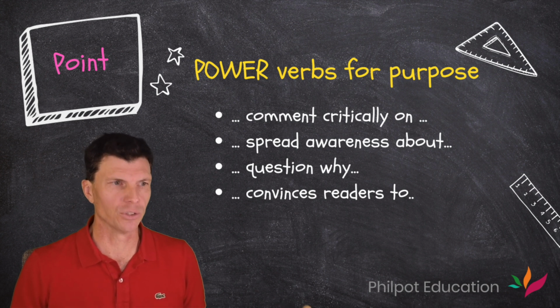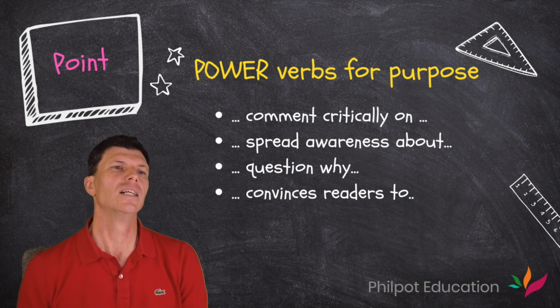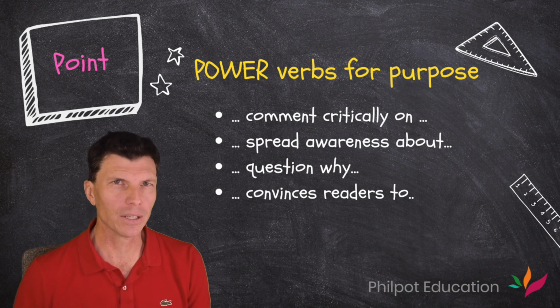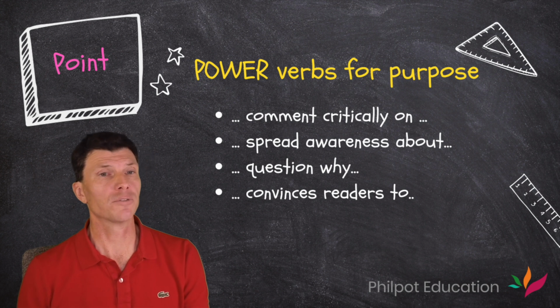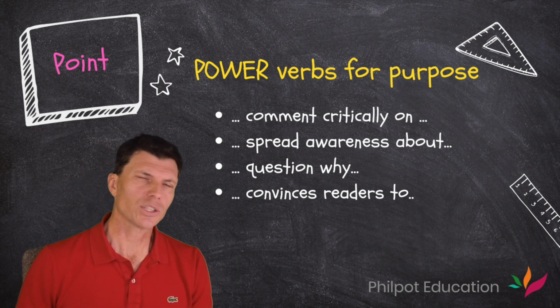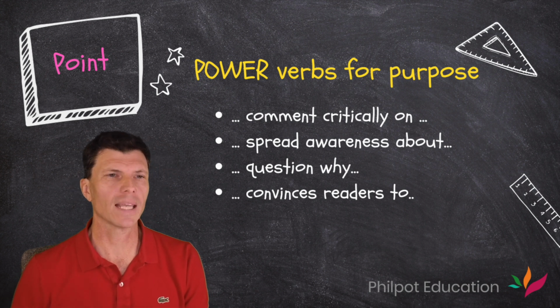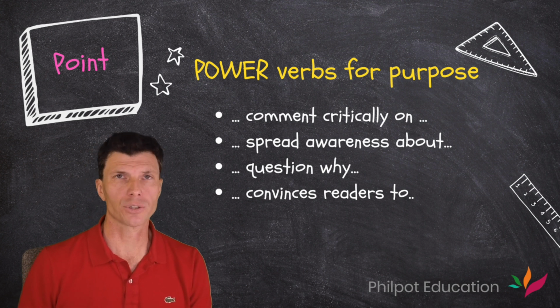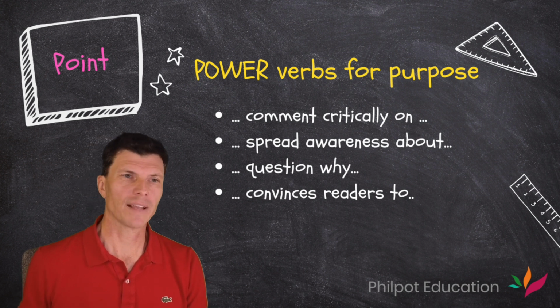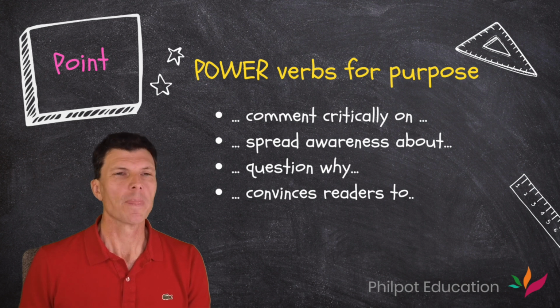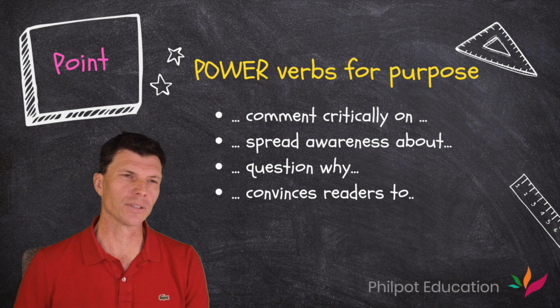A lot of texts do comment critically on something. A lot of texts "spread awareness about," which is a fancier way of saying inform, right? Texts "question why something is the way it is," or they "convince readers to do something," which is a fancier way of saying persuade. I really do encourage you to go beyond the usual inform, persuade, and entertain when using your verbs in your points.